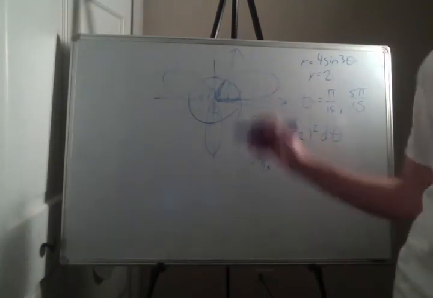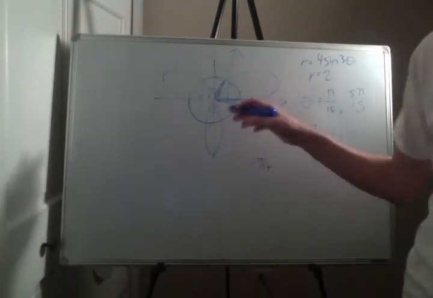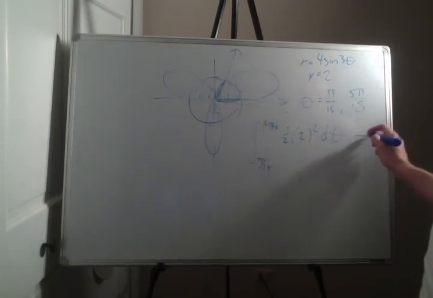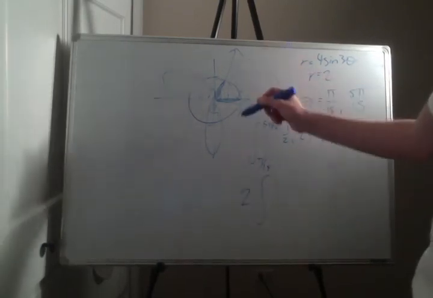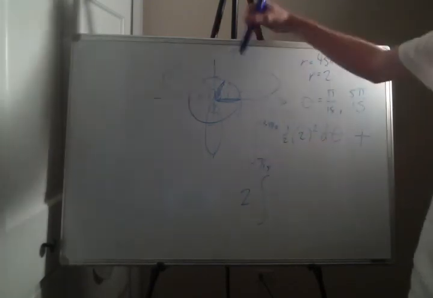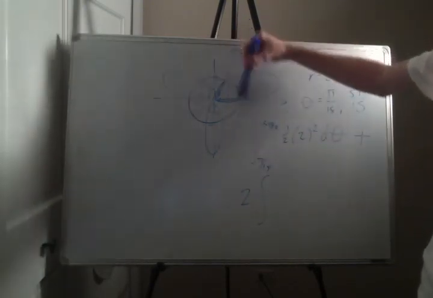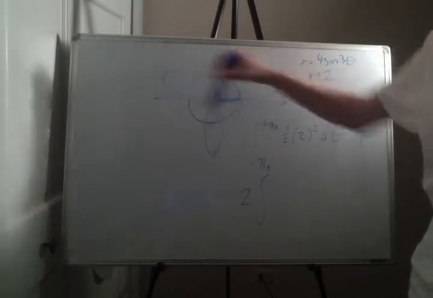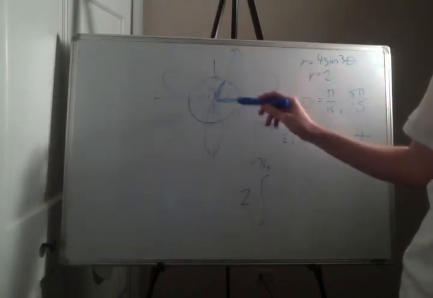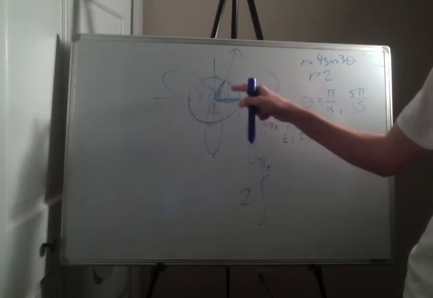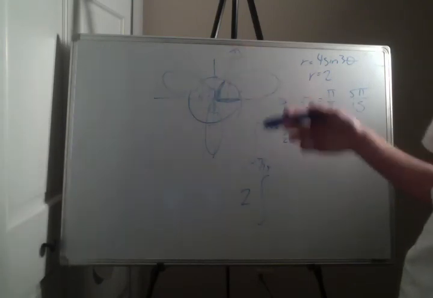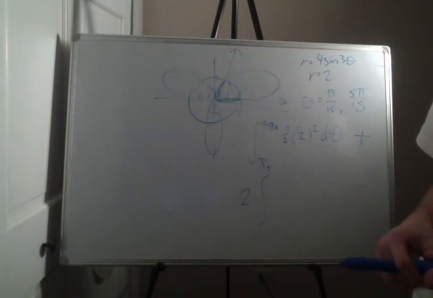What about these shaded parts? Well, these shaded parts are completely symmetrical, so you can just find one of them and multiply by 2. So you're going to say plus 2 times the integral. And now we just want to know what the bounds are. Do you agree that these are included in this outside polar equation? All we need to know is what the bounds are for these tiny sections, multiply it by 2, and that would be enough for you to be able to find what the small sections are.